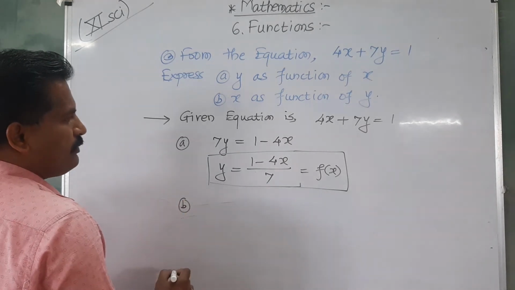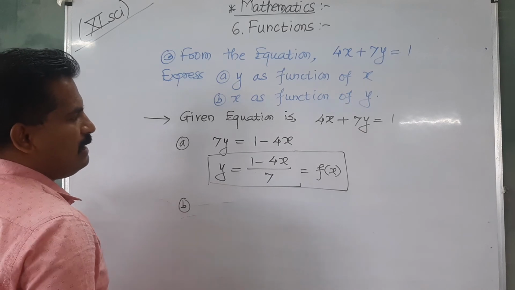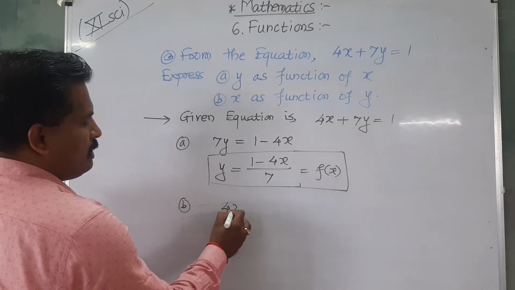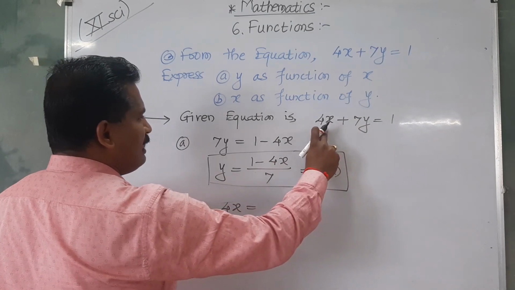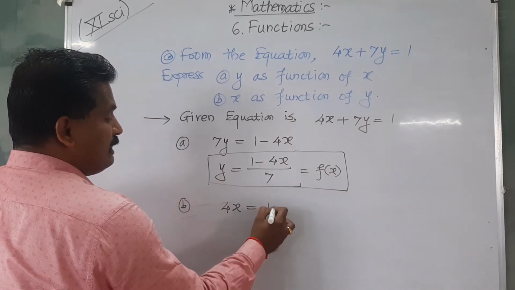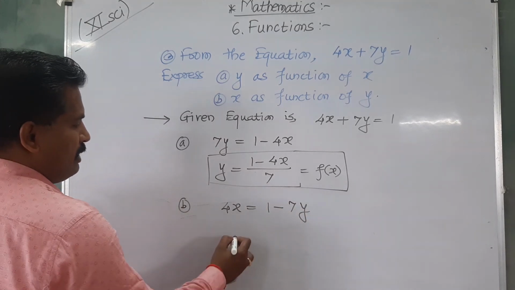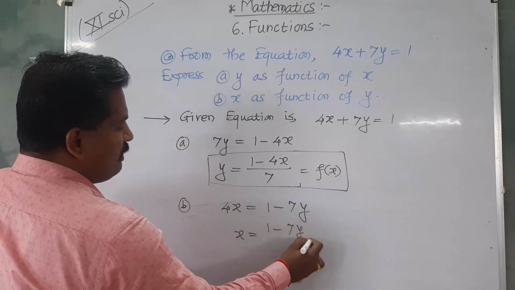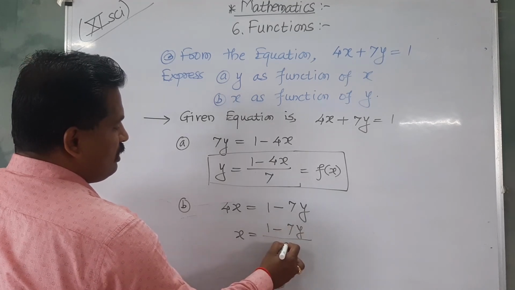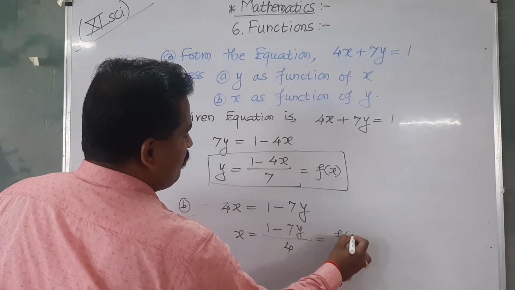Second, we have to convert the function as x, therefore shift the variable other than x towards the RHS, that is 1 minus 7y, and divide by 4. We get x is equal to 1 minus 7y upon 4, it is a function of y.